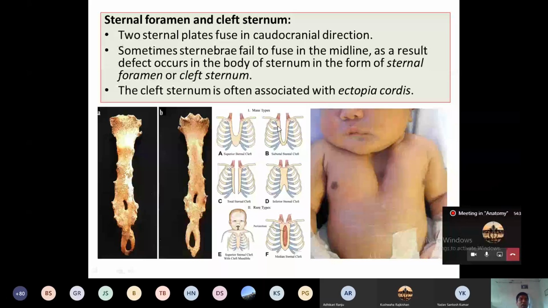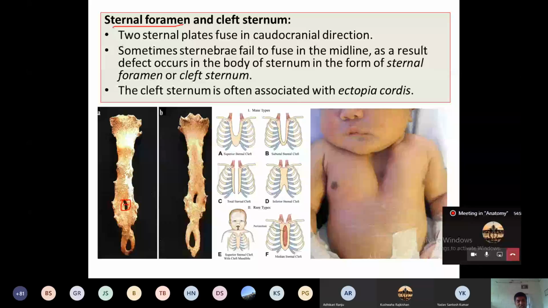And sometimes there will be a sternal foramen and a cleft sternum. If there is failure of fusion in some part, then you can see a sternal foramen. See here in the sternum there is the foramen. This is because of the failure of fusion of the 2 sternebrae and the 2 plates at this point.